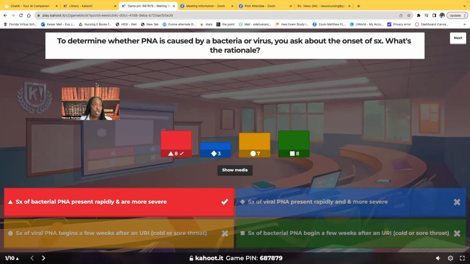It's harsher, and the clinical manifestations are worse. A patient will have an upper respiratory infection, and the incubation period can be hours up to 2 days, versus viral where it'll take longer. So that's why this is the correct answer: symptoms of bacterial pneumonia present rapidly and they are much more severe than viral pneumonia.